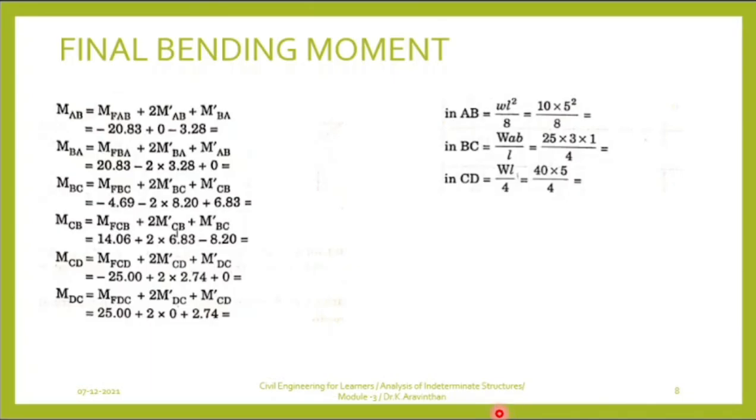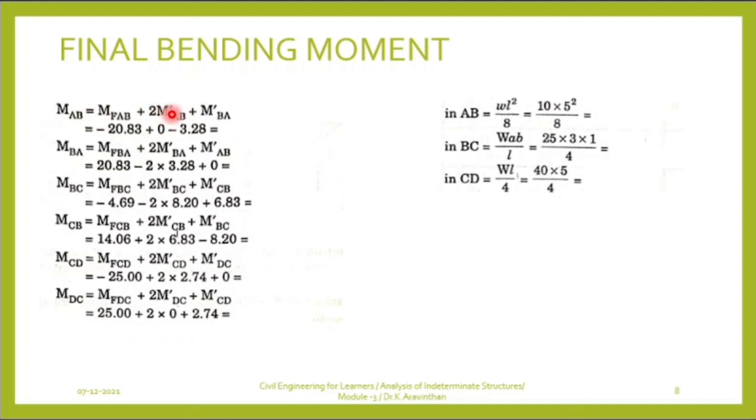What is the formula? MFAB plus 2 M dash AB plus M dash BA. If you are taking AB, everything will be in terms of AB and BA. If you take BA, you have to take MFBA and M dash BA twice plus M dash AB. You can easily memorize this formula. The fixed end moment is minus 20.83, and what is M dash AB?